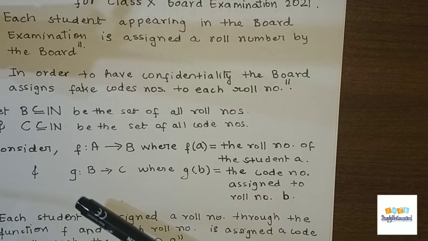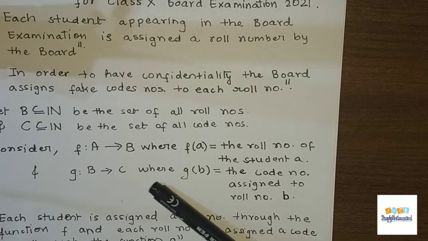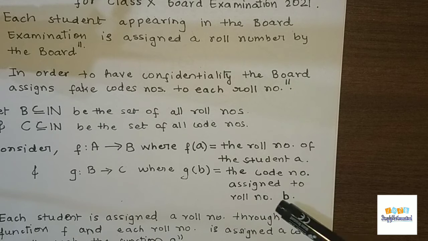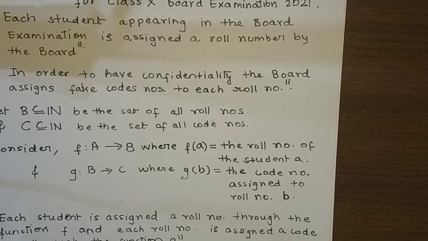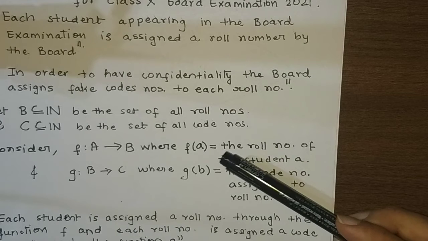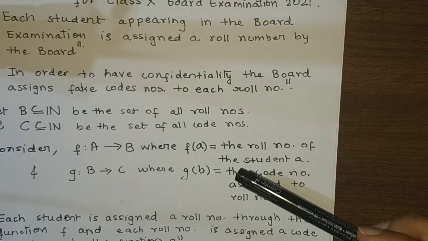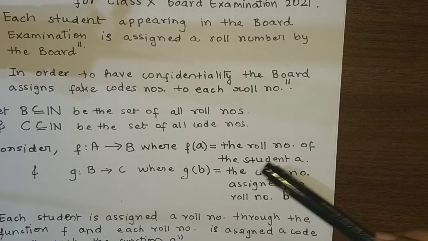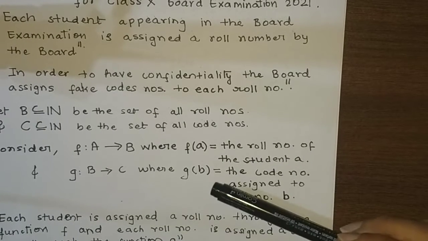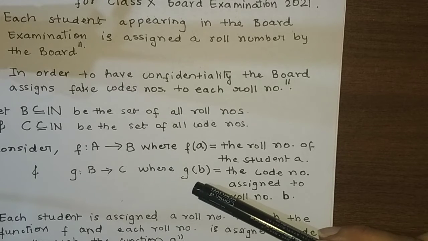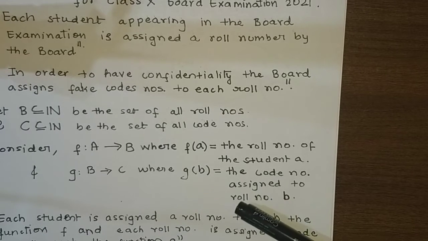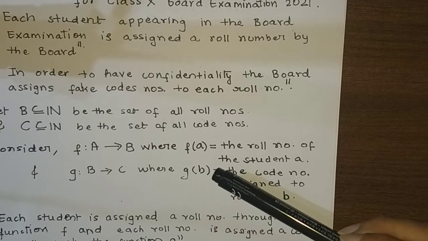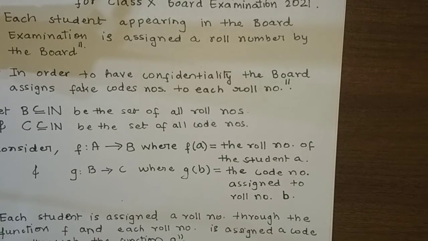And the function g is from B to C, where g of b is the code number assigned to the roll number b. So here you have two functions. The first function is f of a, equal to the roll number of the student a, and the second function g is defined by g of b, the code number assigned to the roll number b.